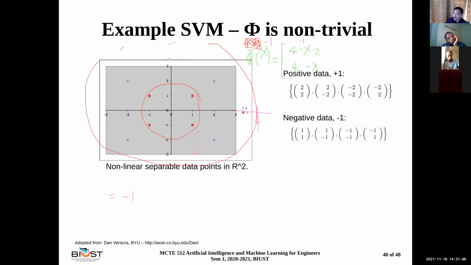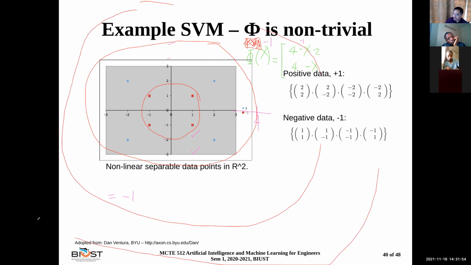Now these are blue diamonds, and then another circle will be red squares. Another circle will be blue diamonds, like that. If we keep on trying, I'm just guessing that maybe it will be like this. But based on our computation, there is a red square here. And so our feature transformation was not enough.